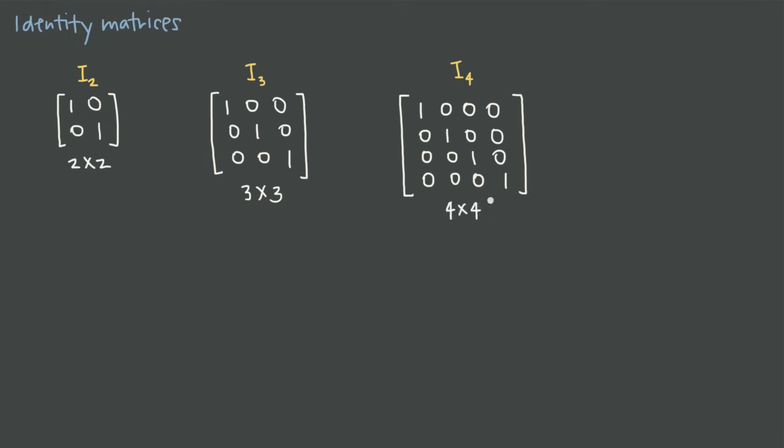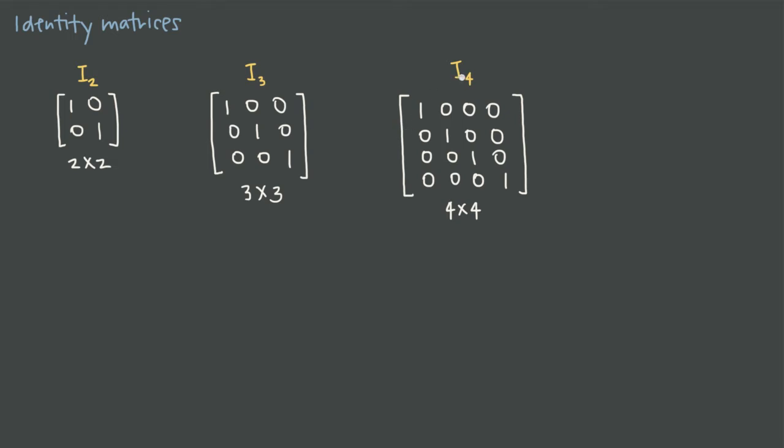So when you see I2, you know that's the 2 by 2 identity matrix. It wouldn't really help us to say I sub 2 by 2 because we know the identity matrix is square, so I sub 2 gives us all the information we need. Same thing with I sub 3, I sub 4. We only need to say I sub 3 to know that it's the 3 by 3.